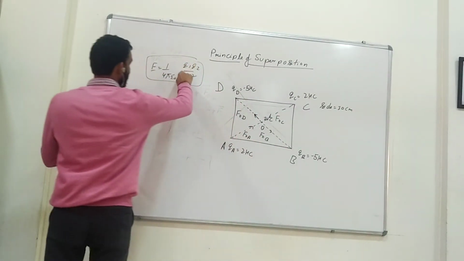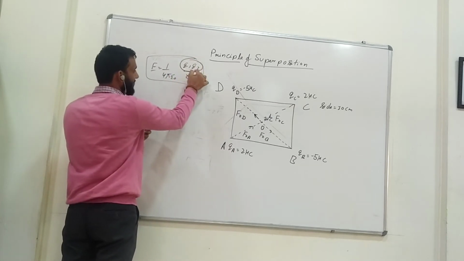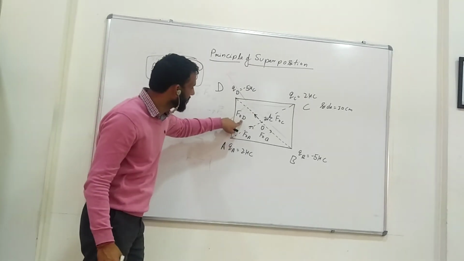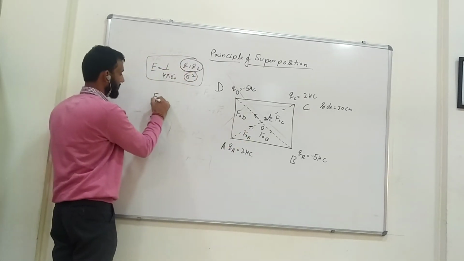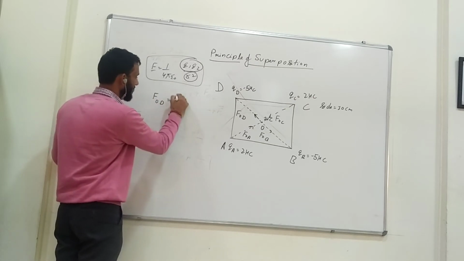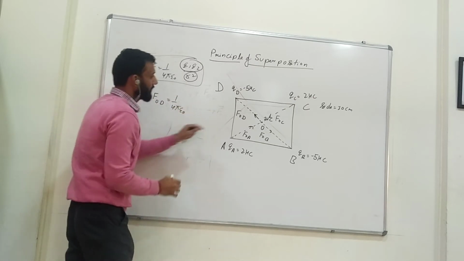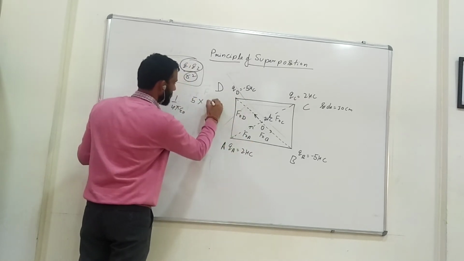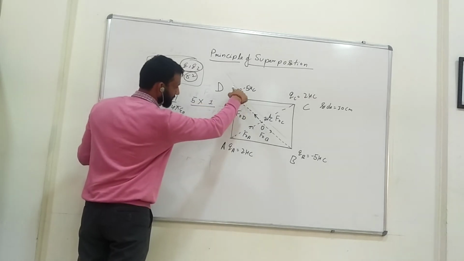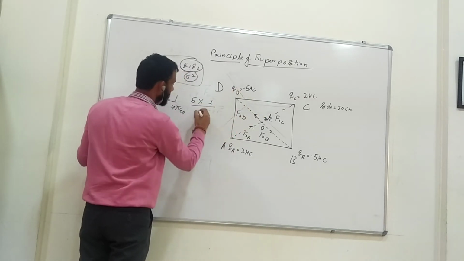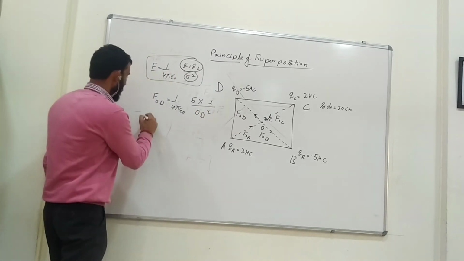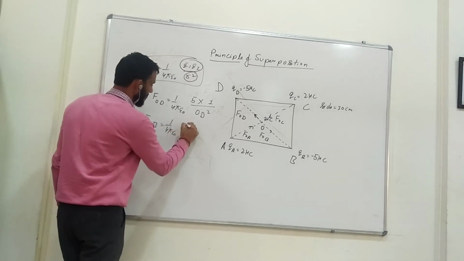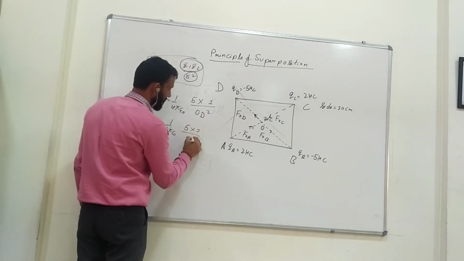So if the charges are same and this distance is same, obviously the force will be equal. So FOD equals 1 upon 4 pi epsilon naught, Q1 is 5 into Q2 is 1 upon R square. So this distance I am writing OD square. And if I write FOB, then it will be 1 upon 4 pi epsilon naught 5 into 1 upon OB square.